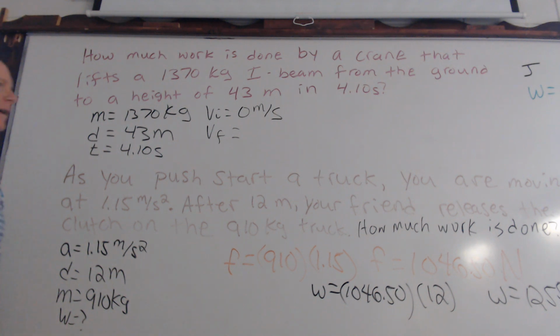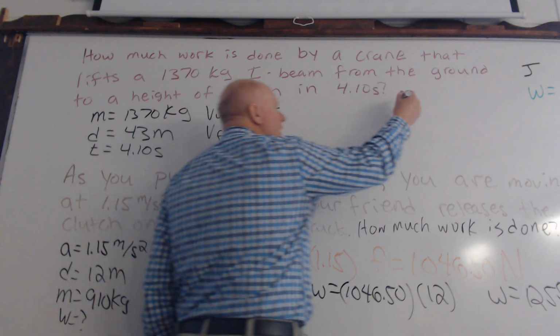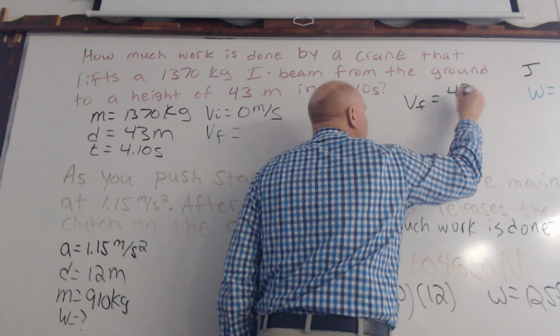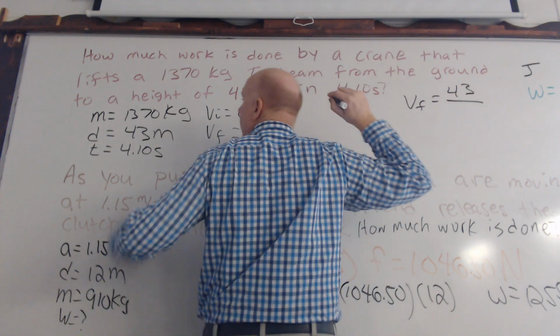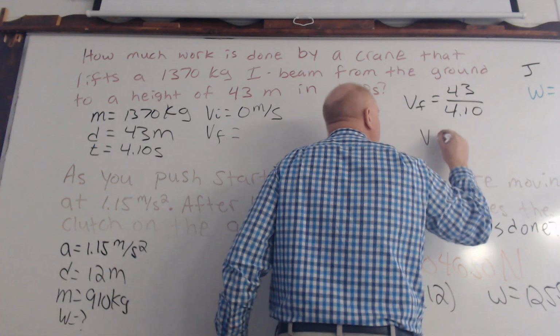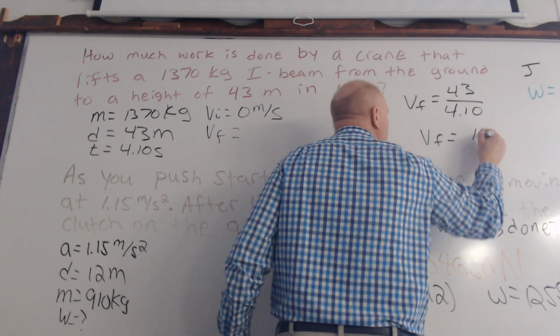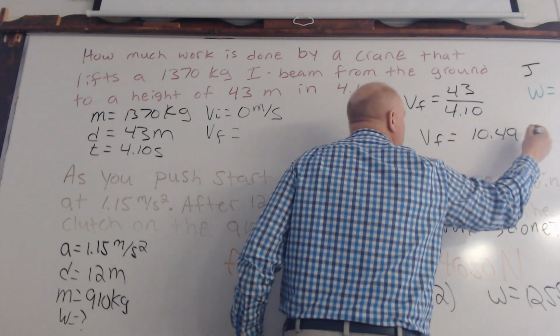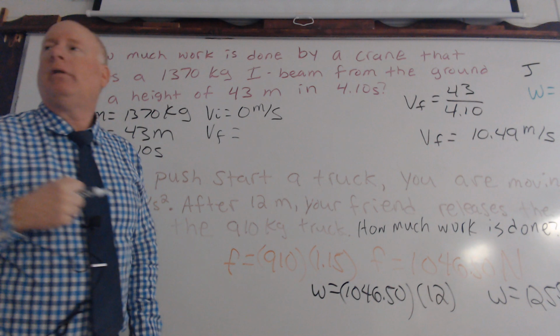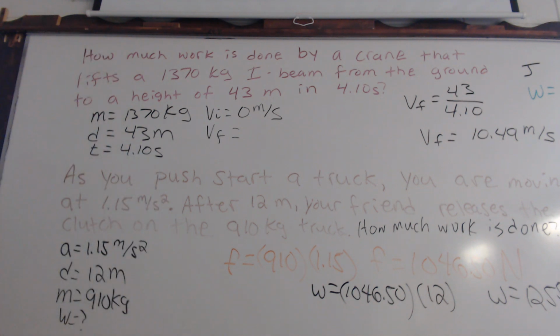Okay, that's correct. So our distance, 43 divided by 4.10, is 10.49. Now, how do we solve for your acceleration?